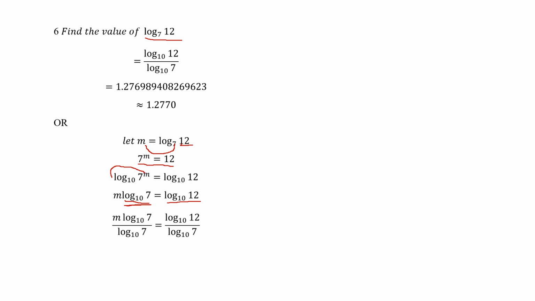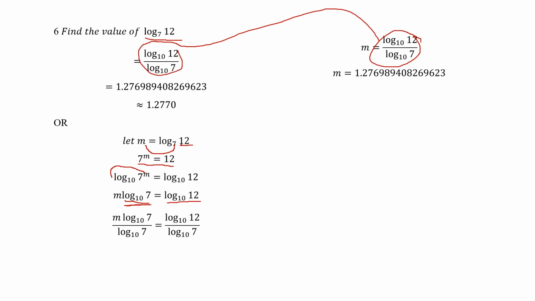So when I divide both sides, I'm having m as log of 12 base 10 divided by log of 7 base 10. So this step is the step you are seeing there. Then we place our calculator to have the answer there, and approximating the answer to 4 decimal places, we get that answer.